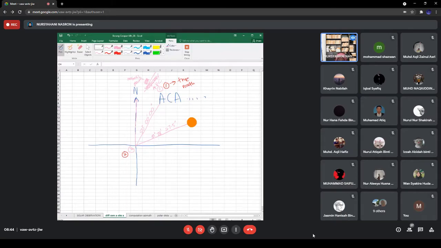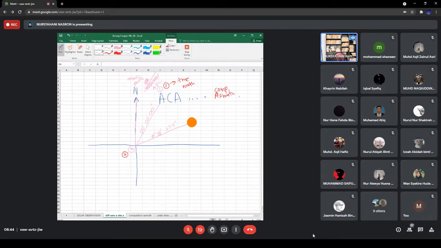Okay, so after you do a solar observation and get the data, you process the data, do the astronomical triangle calculation, and you get the value of azimuth, that is the computation azimuth.